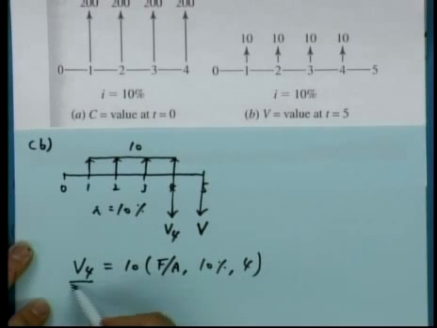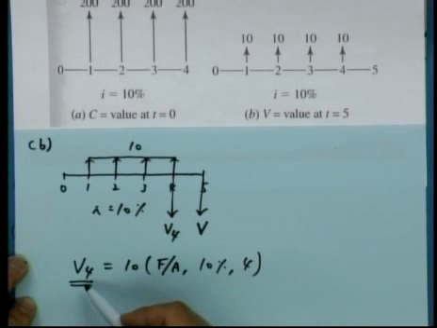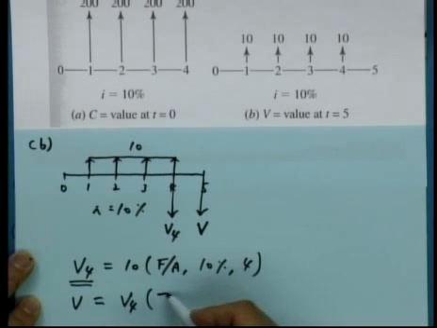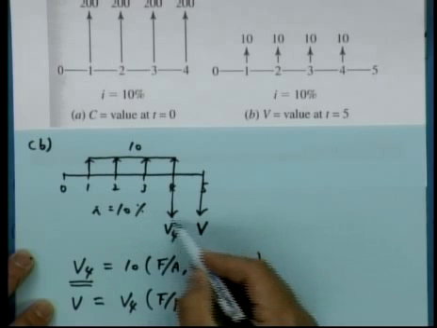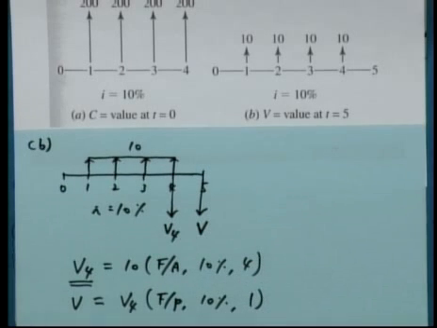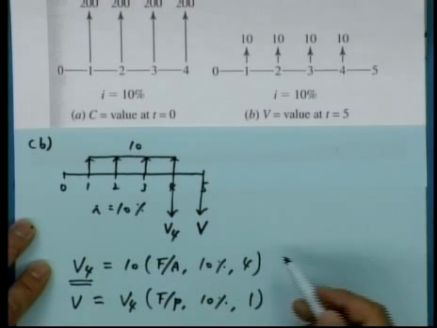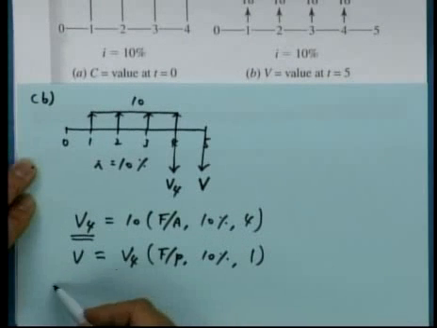Once you get the value of V4, you can convert it to the equivalent future sum, which is V. So V would be V4 times F given P, 10% over 1 period. Okay? Of course, this two-step procedure can be combined into a single procedure.